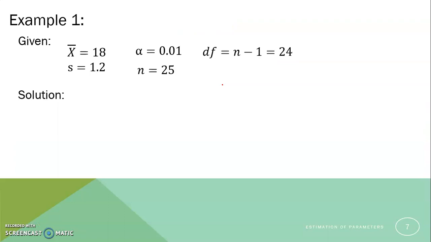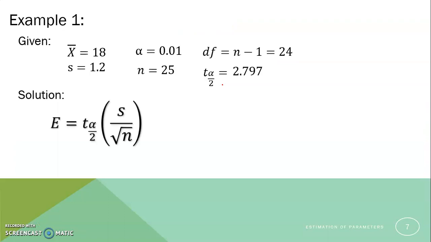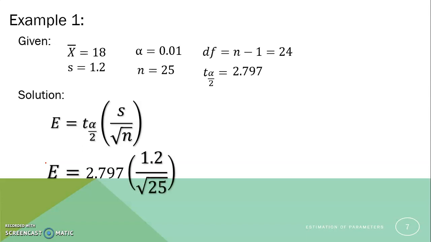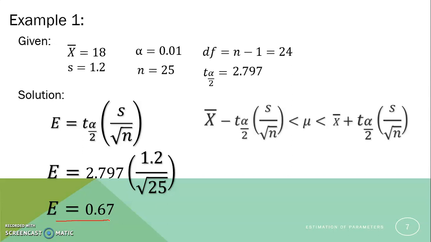We'll now proceed to the solution. So, first, para dili kaayo wordy or kininggubot kayong solution, i-separate lang nato og solve ang ato ang margin of error. So, substitute lang nato ato ang mga values gikan diri sa given. And we obtain the error which is 0.67. So, to get the interval, just substitute. Okay, we have 18 as our sample mean. Substitute the error.